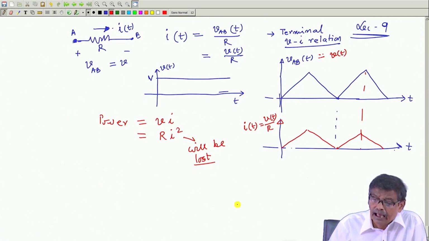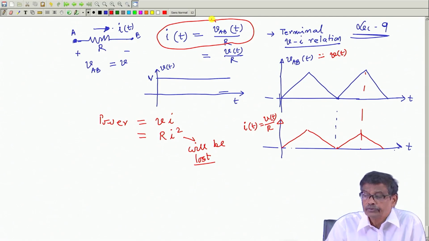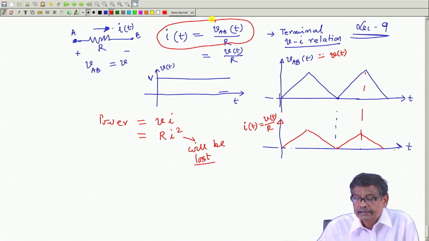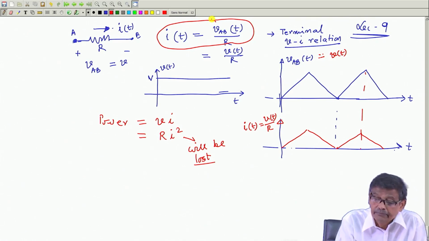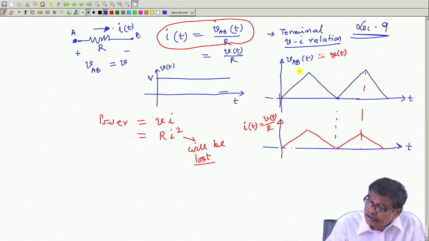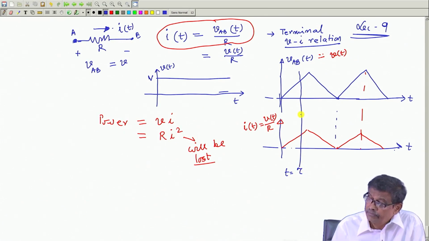And another thing, this equation, if you look at it carefully, it is needless to say that the value of the current at a given time, for example, at this particular time t equal to tau, what will be the value of the current?